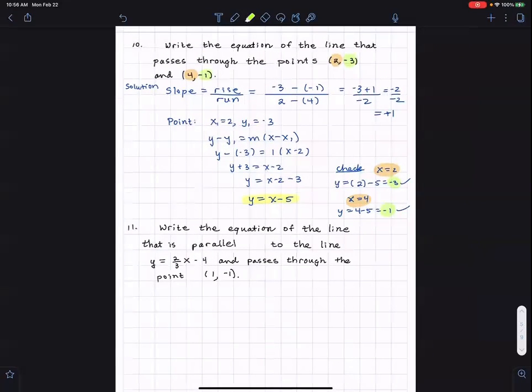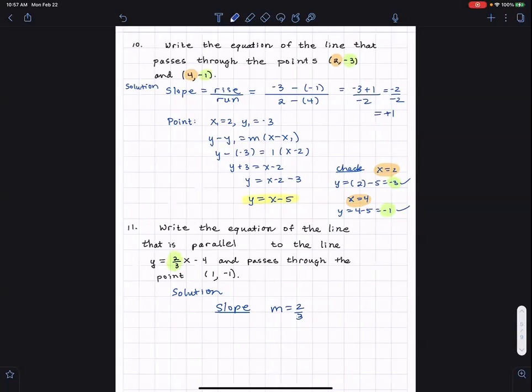Write the equation of the line that's parallel to the line given below and passes through (1, -1). Here's my solution. The slope is m equals 2/3. Everybody's on board on that? That's the slope.